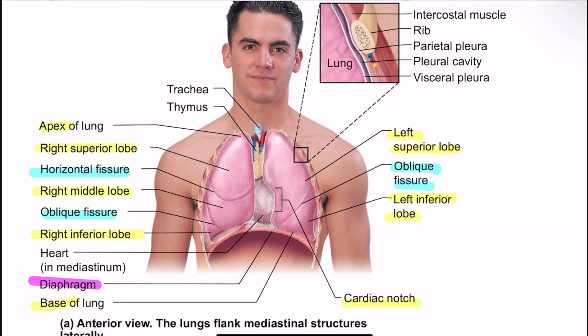Each lung is also covered by a pleural membrane. And that's a serous membrane, right? And so here we have the serous membrane up here in the corner, describing to you what that covering looks like.